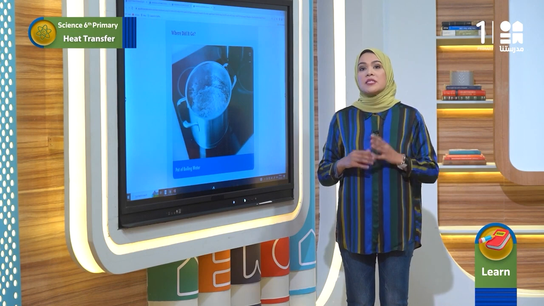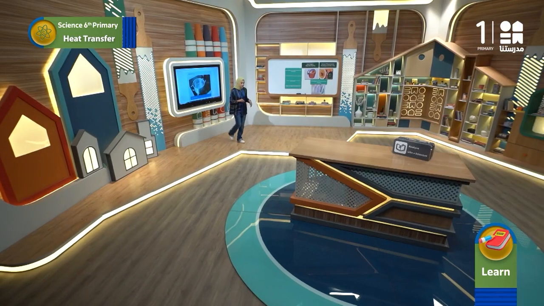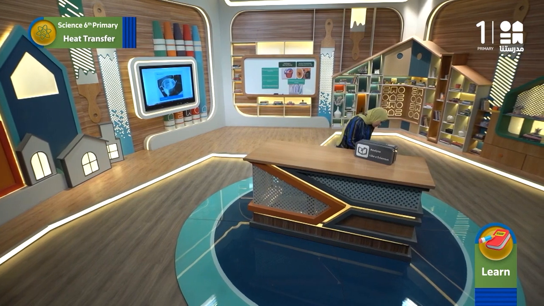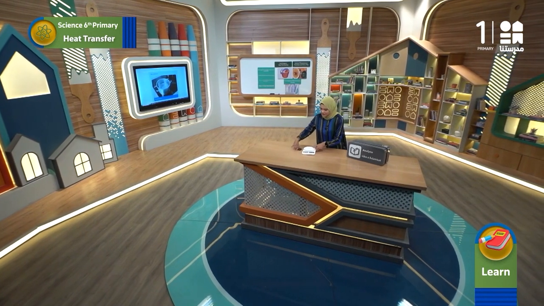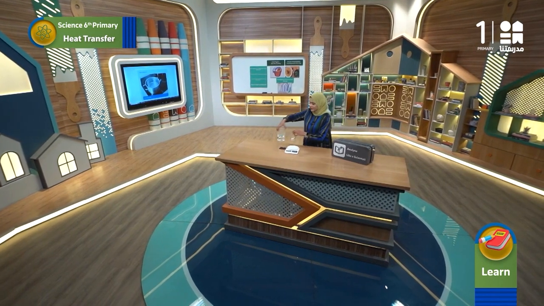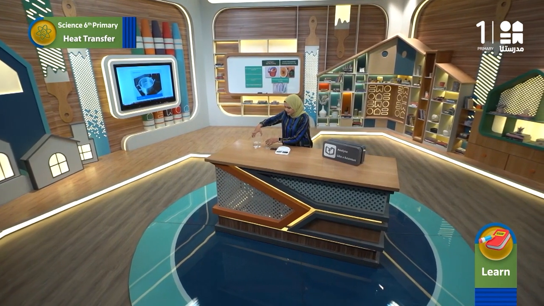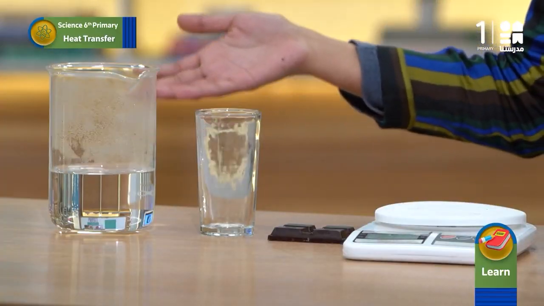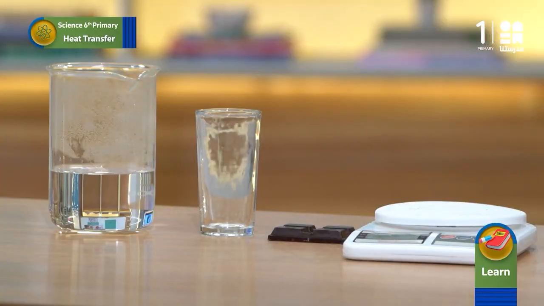Let's see this with a simple experiment. We will have different materials. Let's see what they are. We will have a bar of chocolate, a scale, hot water, a pot, and a cup.